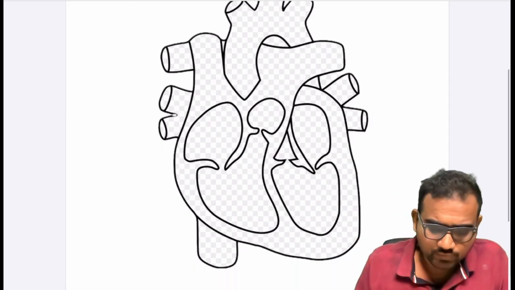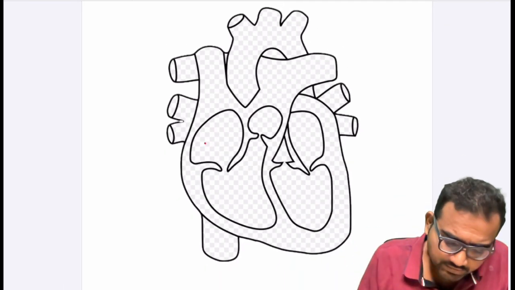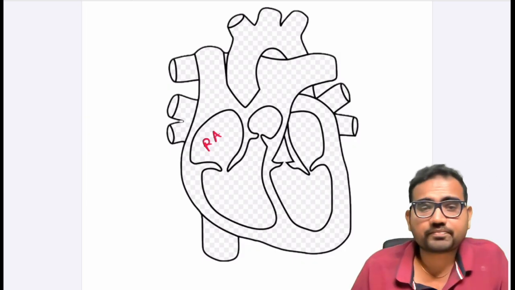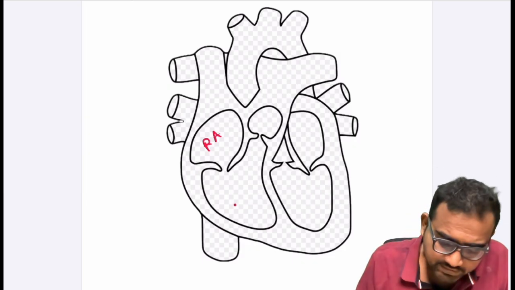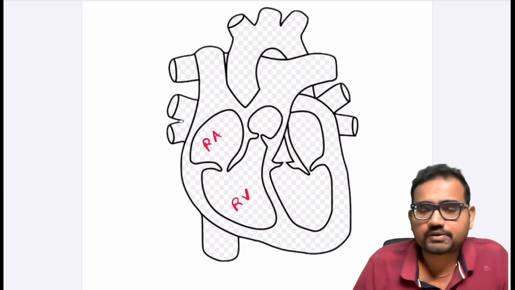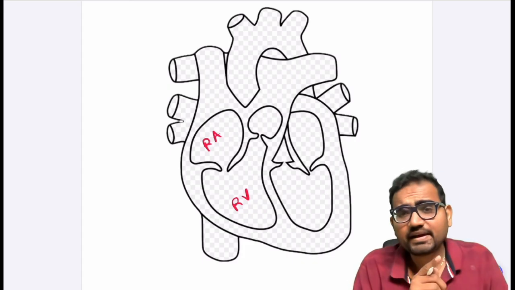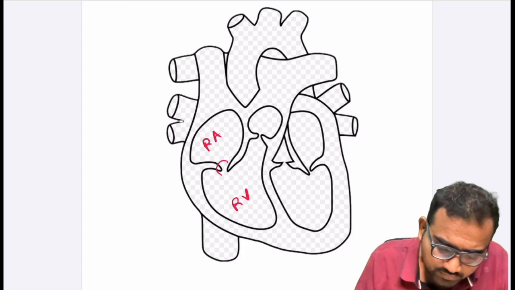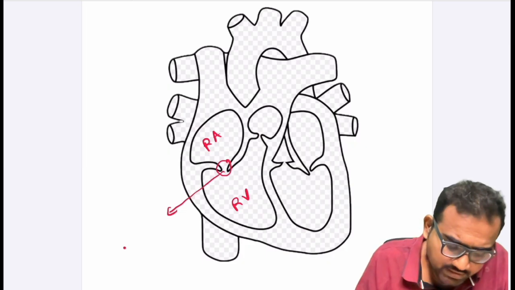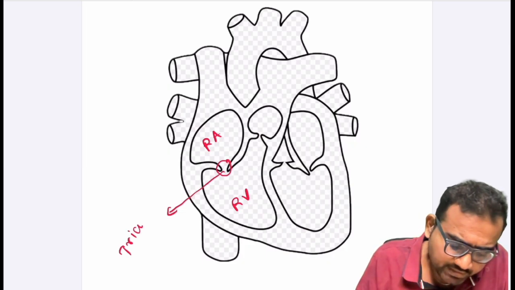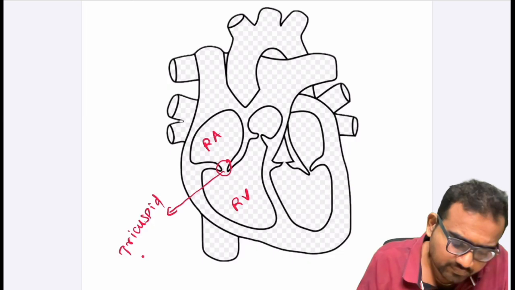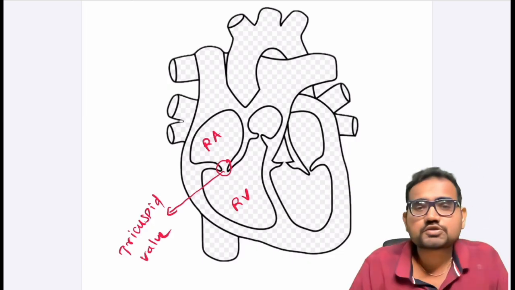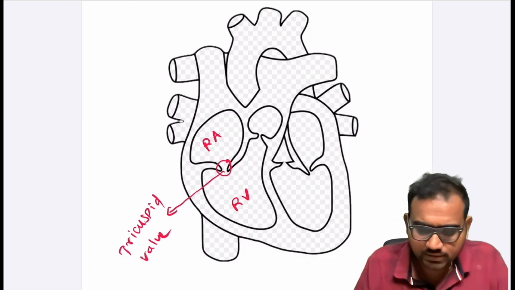Okay, so now moving, this is the right atrium, and this is the right ventricle. Any atrium or any chamber of the heart is usually separated by valves. In this case it is a tricuspid valve. So right atrium, right ventricle.